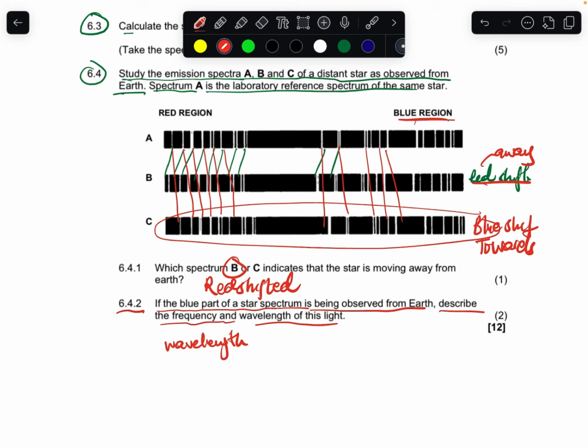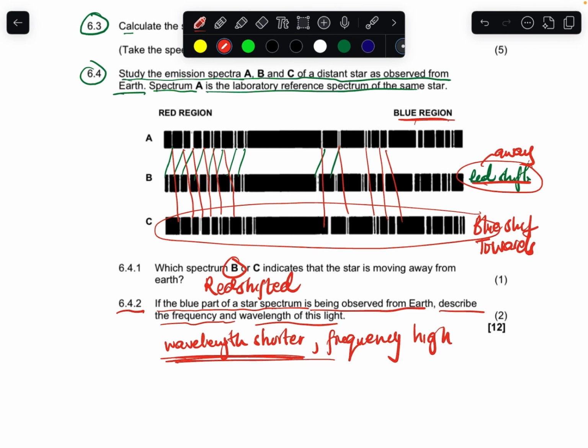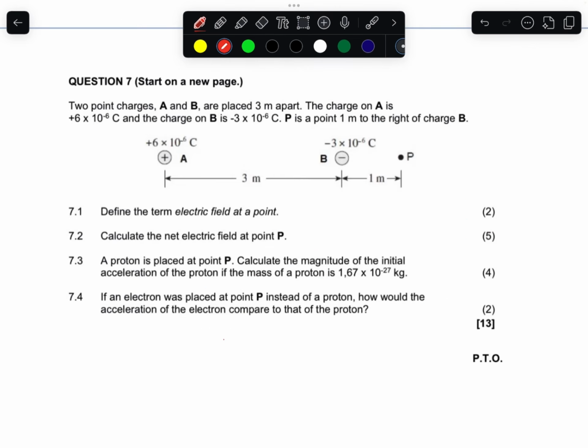The wavelength is shorter. It has a shorter wavelength, and then the frequency is high. But the red shifted, guys, is the opposite of this: a longer wavelength and a lower frequency.